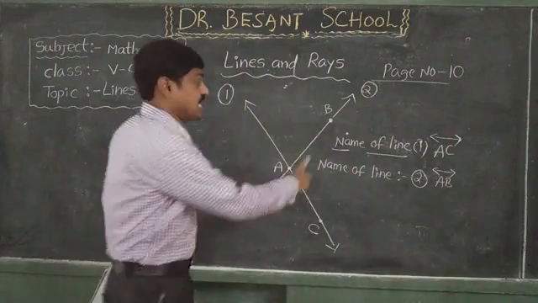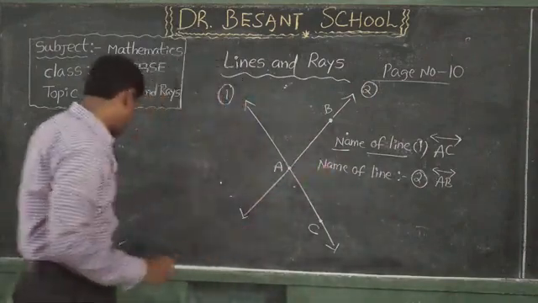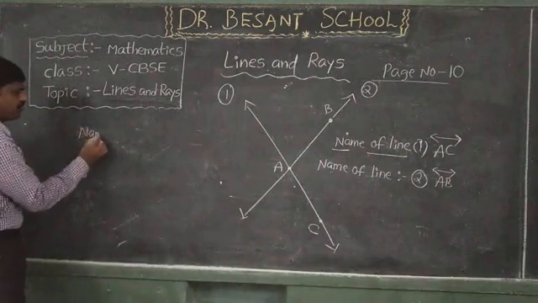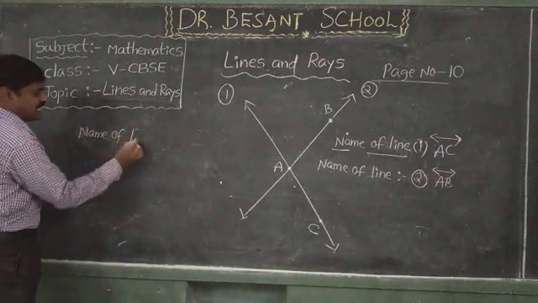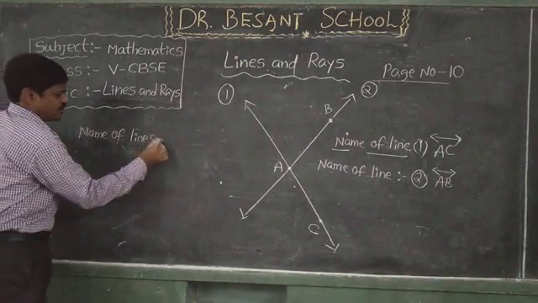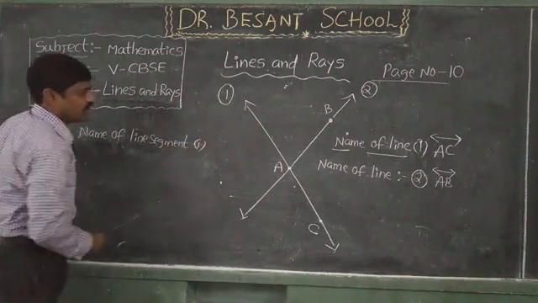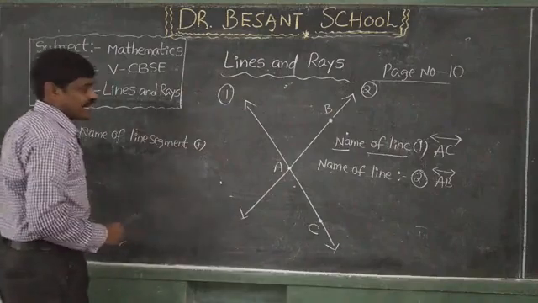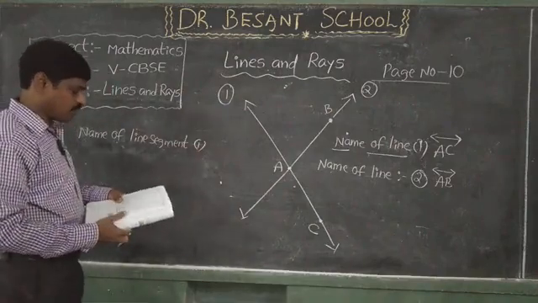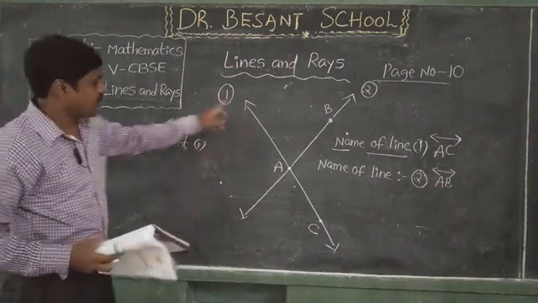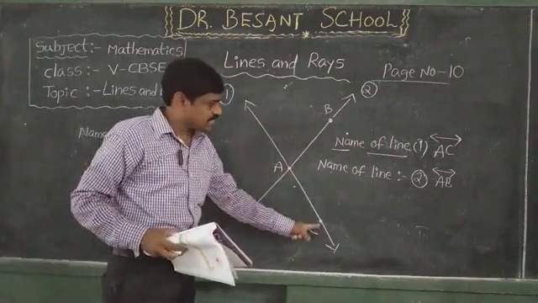See, this is the name of the line. Next, name of line segment 1. Observe here. What is the name of line segment 1?